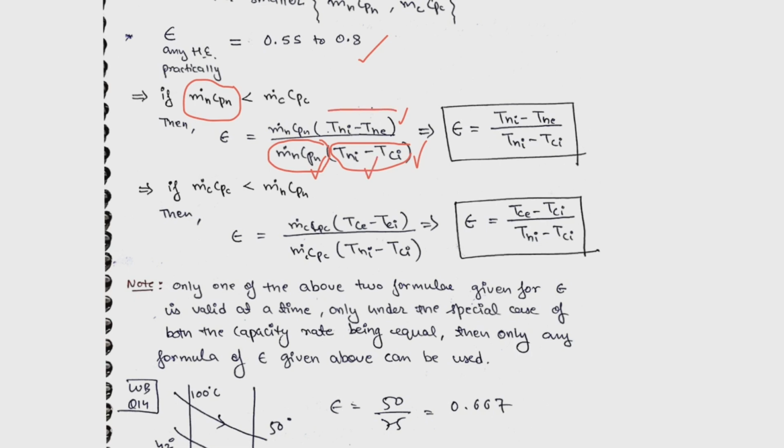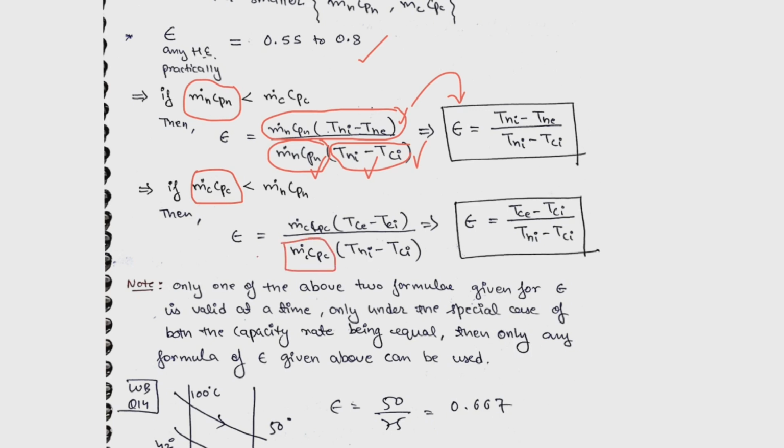And here in the numerator there is no restriction, you can write either m dot h Cph into Thi minus The or m dot c Cpc into Tce minus Tci. There is no restriction here, but there is a restriction in this formula that I will tell you later. Let us say if m dot c Cpc is the smaller one, you should write it in the denominator.